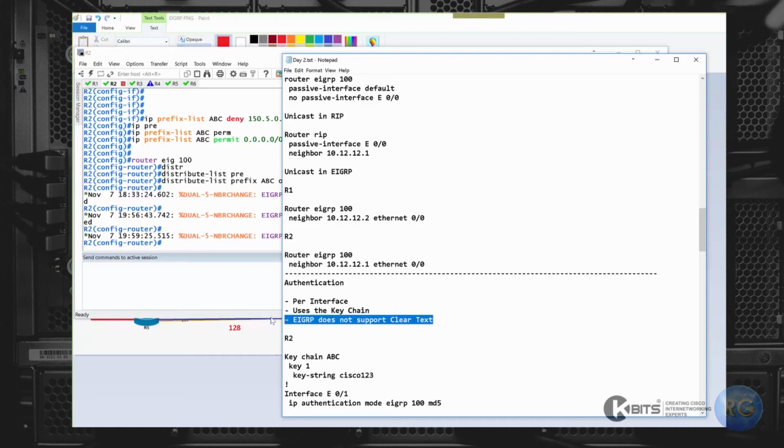What did I write over here? EIGRP does not support clear text. Did I say it only supports MD5? Nope. It does support SHA in name mode, not in, what do you call it? In the classic mode.